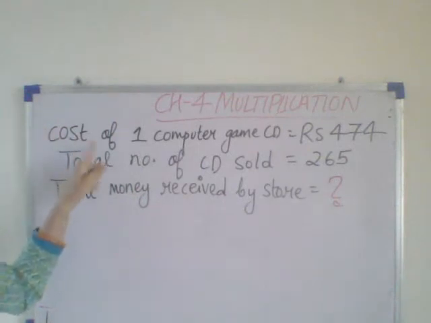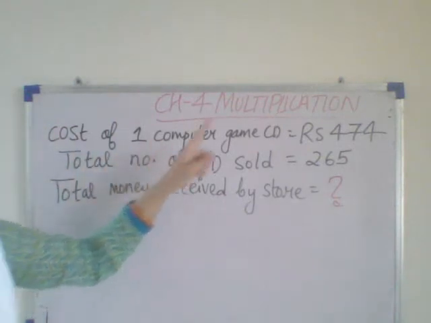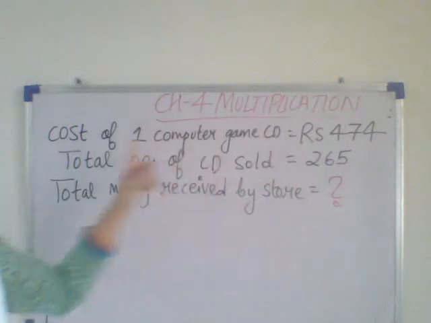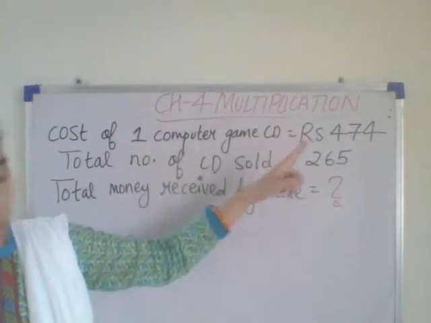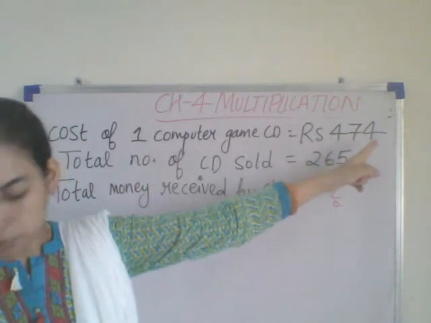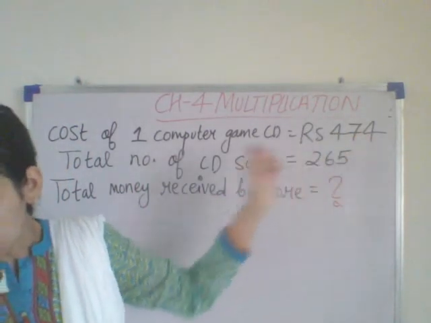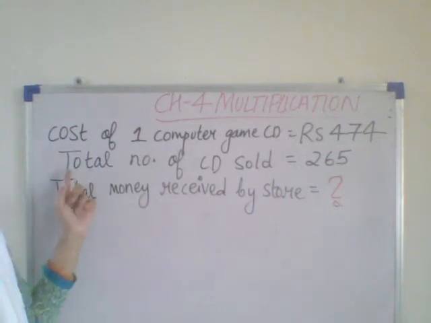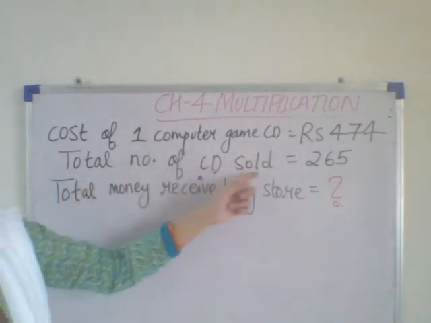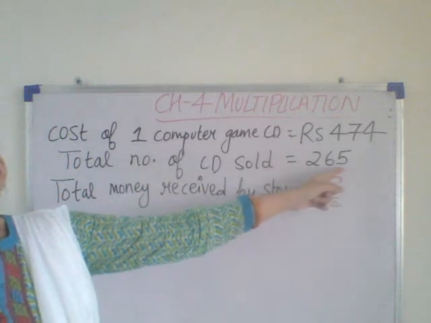Like this, I am reading the question again. A computer game CD costs rupees 474. Here the cost of one computer game CD is given, it is 474. A CD store sold 265 CDs in a month. So the total number of CDs sold is 265.